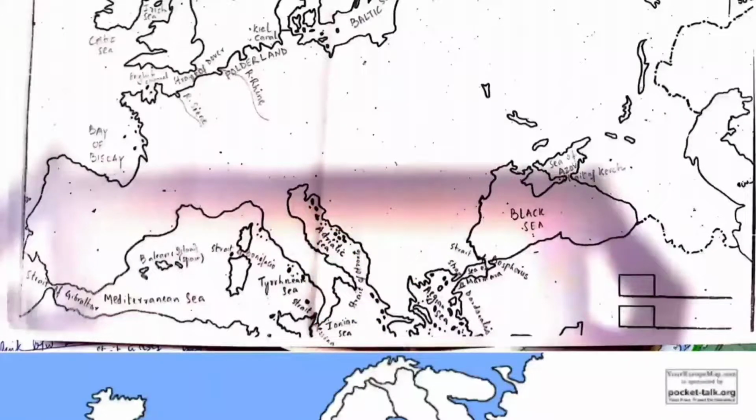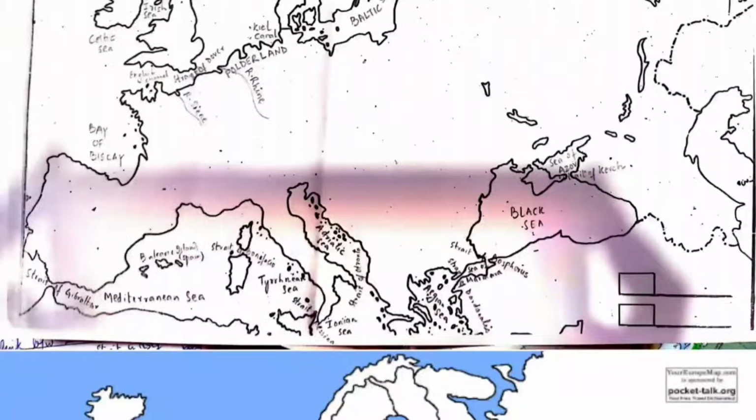Moving forward, we have the Strait of Dardanelles, and this strait is separating the Balkan Peninsula from Turkey.